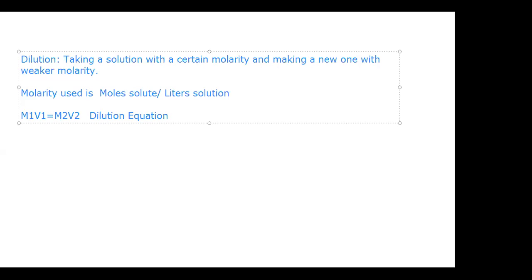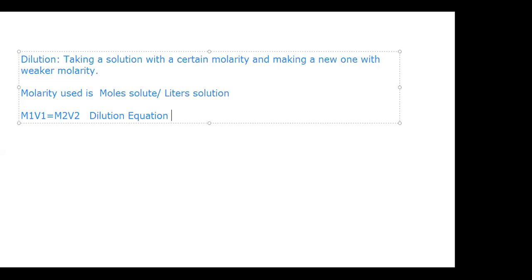This is really helpful because a lot of what we worked with in the school year, when we did labs with, say, hydrochloric acid, was 1 molar hydrochloric acid. You can buy 1 molar hydrochloric acid, but it's not very efficient.